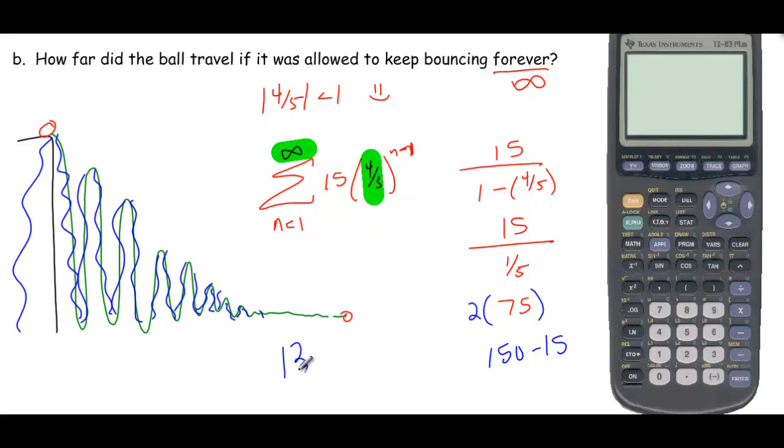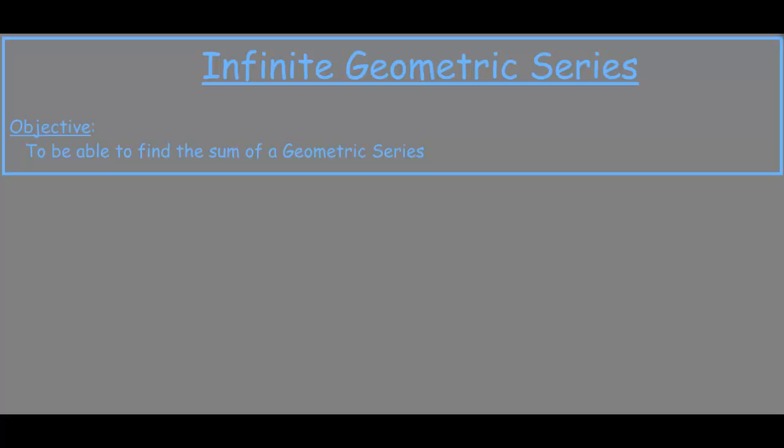So I know that if I allow the ball to keep bouncing forever, in theory, it would have traveled 135 feet. And that's how we deal with a ball bouncing problem with an infinite geometric series. I hope you feel a little bit better about dealing with infinite geometric series and being able to find the sum of that geometric series.